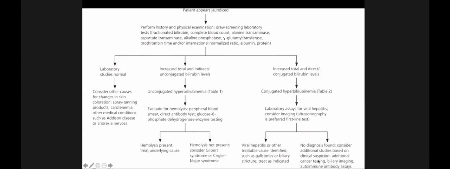You might have to do some cancer testing, some further biliary imaging, autoimmune antibody assays, and so on, and maybe even eventually a liver biopsy, right? And your management will depend on the cause that you find. All right, so this is a very basic overview of how you would approach a patient with hyperbilirubinemia and jaundice.